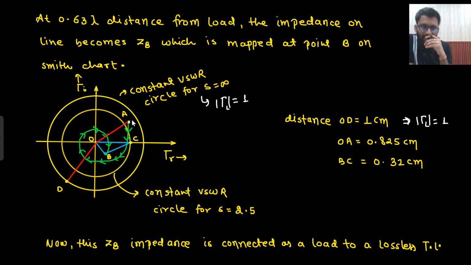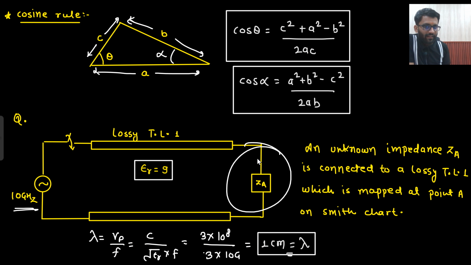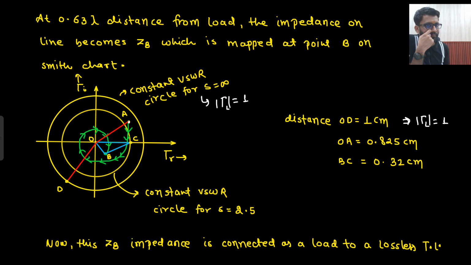What do you understand by that? That means for this transmission line, the reflection coefficient at the load is 0.825. How do you understand this? If this line is 1 centimeter, and let's say this line was 2 centimeter, then the mod of gamma for this one is 1.